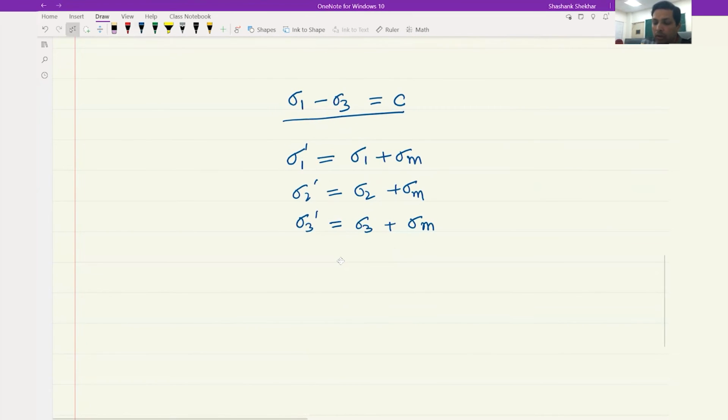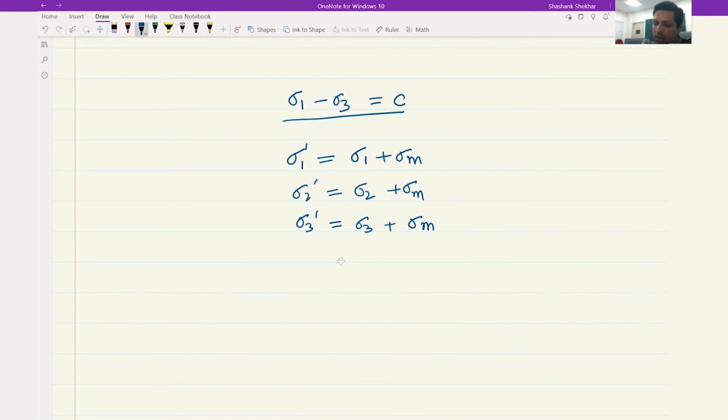Okay, so now this is the same condition, but with an additional mean stress applied on all the principal stresses, or basically on the element. And therefore, these are the new principal stresses. So now I will apply the condition onto this.